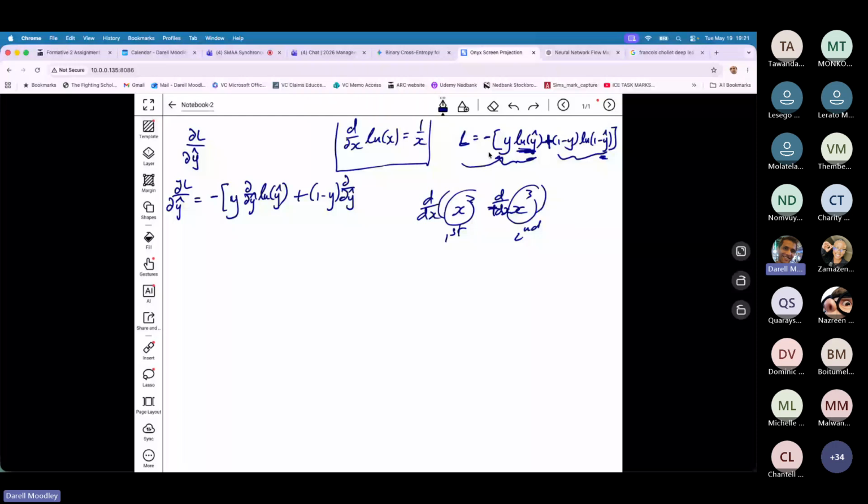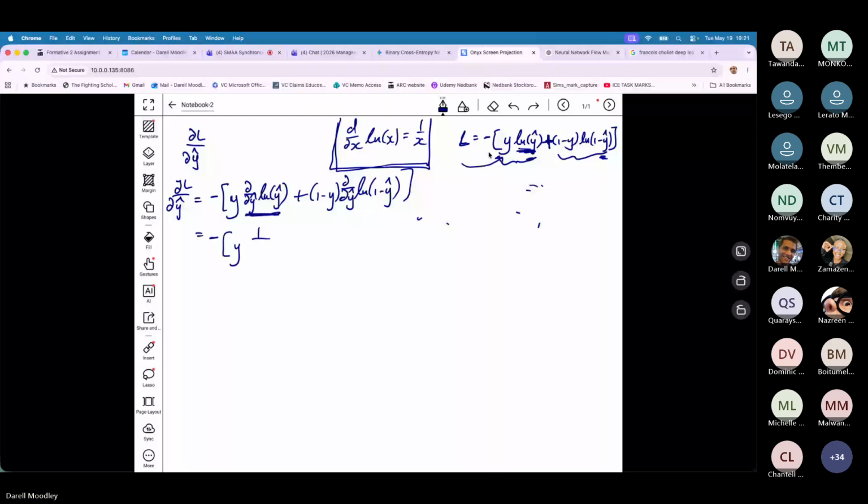Okay, so let me clear this part here. Now I use this result. Because I'm taking the derivative of ln of that, it becomes y times 1 over y hat, plus 1 minus y, then the derivative of this, which is just 1 over 1 minus y hat.